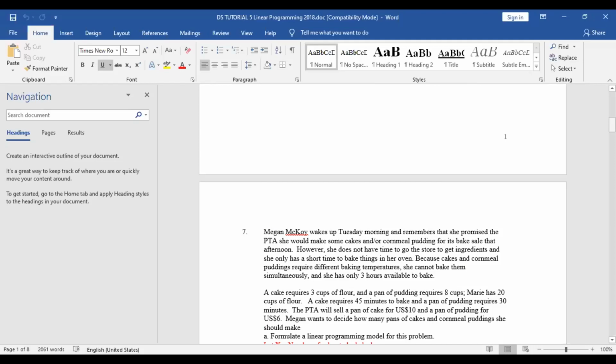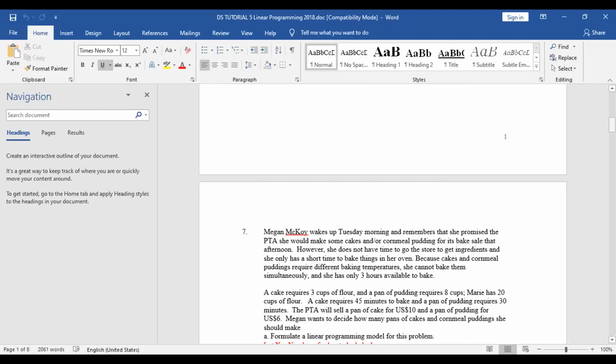It says a cake requires 3 cups of flour, and a pan of pudding requires 8 cups. And so she has 20 cups of flour. So she's going to have to share the 20 cups between the cake and the pudding in the ratio given, 3 to cake and 8 to pudding.